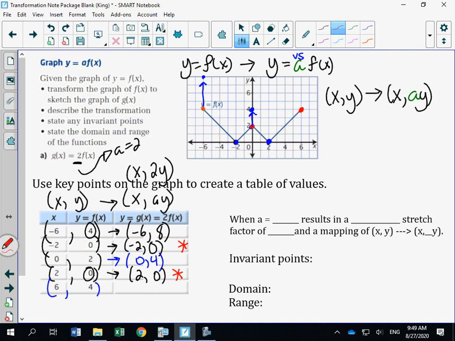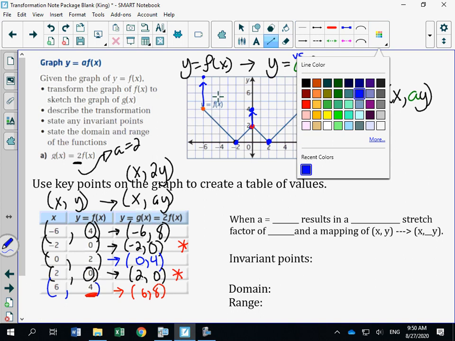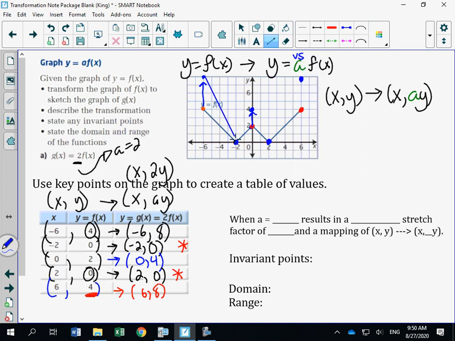So when we take that point and we multiply the y value by 2, our new coordinate is going to be 6, comma 8. Which is right here. So that point got stretched up. Now, if we take a ruler and we connect all these points, and I'll do this in blue, here's what our new transformed graph looks like.